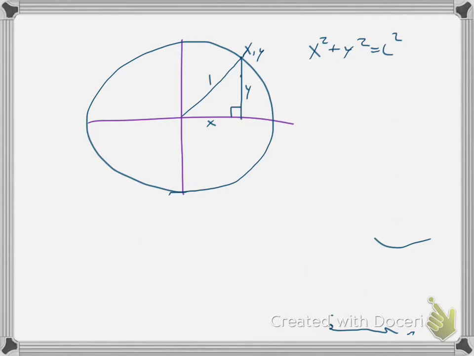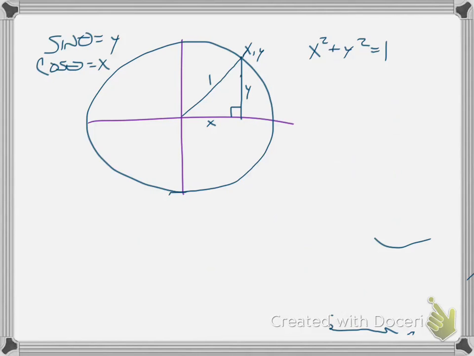And if you remember that the hypotenuse in these is the radius, that means it's going to equal 1. Well, I also know that on the unit circle, sine of theta is equal to y, and cosine of theta is equal to x.